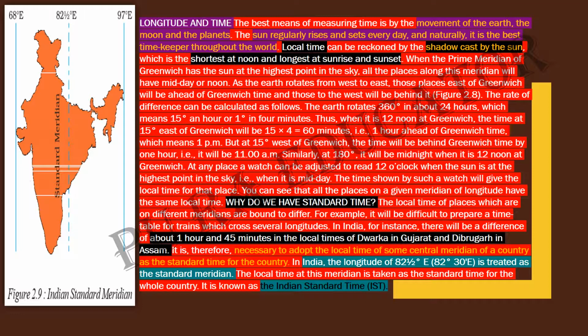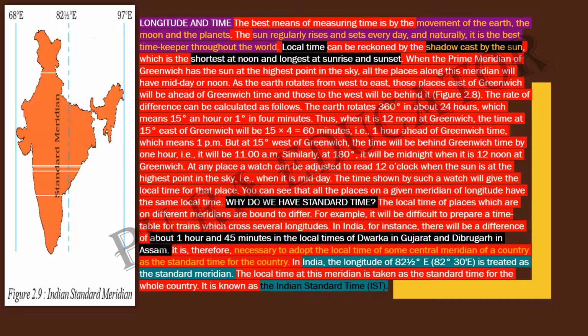So 15 into 4 is equal to 60 minutes. That means it will be 1 hour ahead of Greenwich. There was 12 noon at Greenwich, but 15 degrees east of Greenwich will have 1 p.m. In the same way, if we calculate the time 15 degrees west of Greenwich, then we'll get 11 a.m., because it will be behind Greenwich by how many hours? 1 hour.